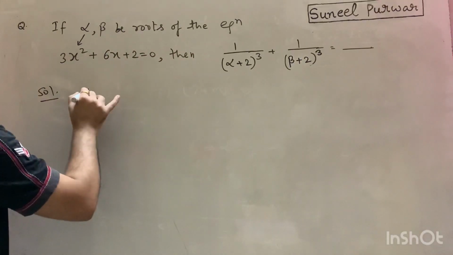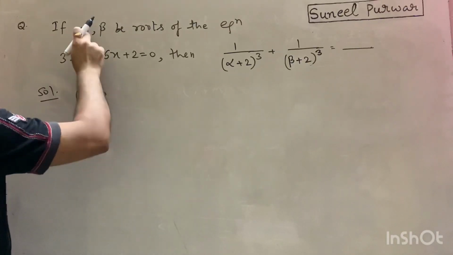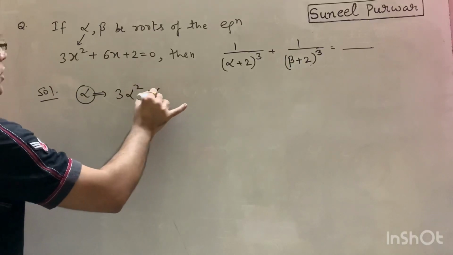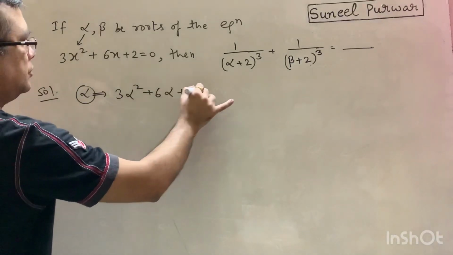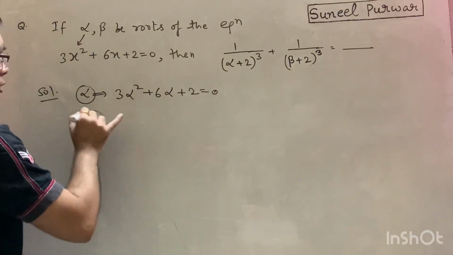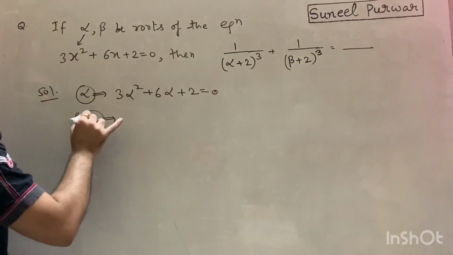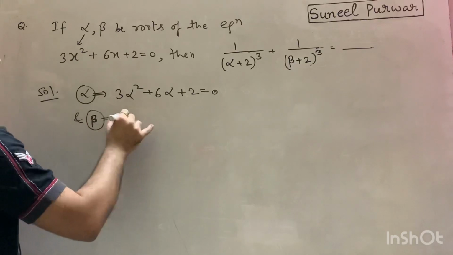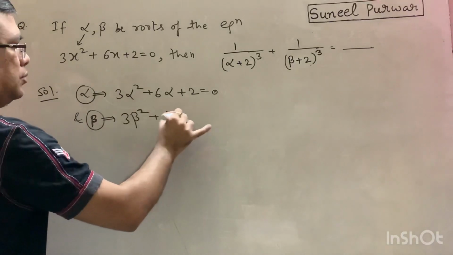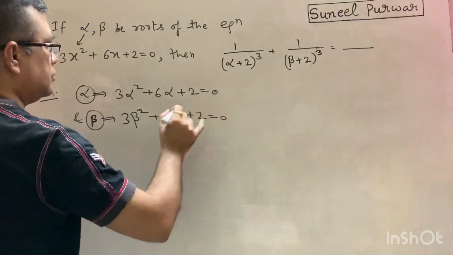So on satisfying alpha, what you get? 3 alpha square plus 6 alpha plus 2 equal to 0. And similarly, if you satisfy beta, you will get 3 beta square plus 6 beta plus 2 equal to 0.